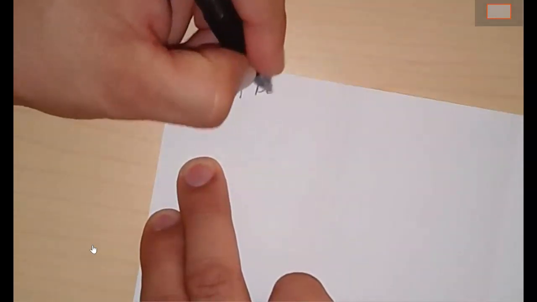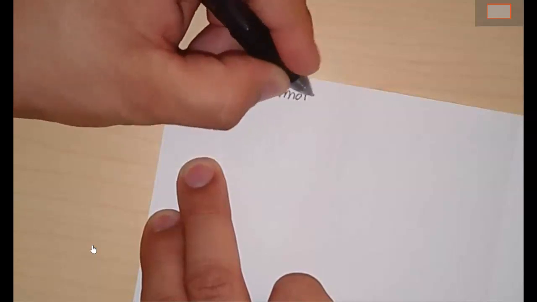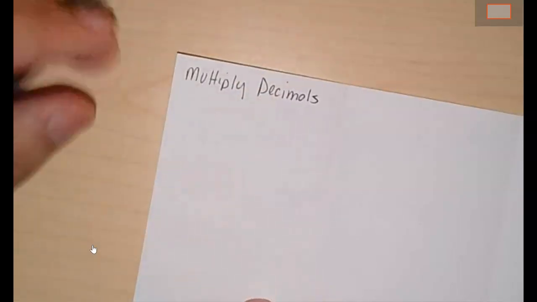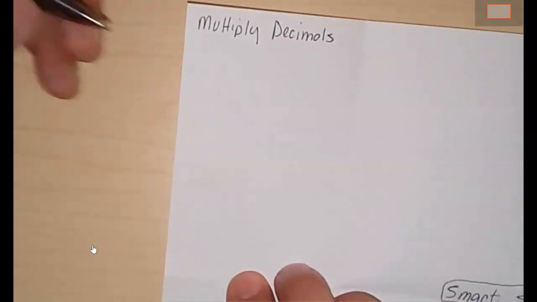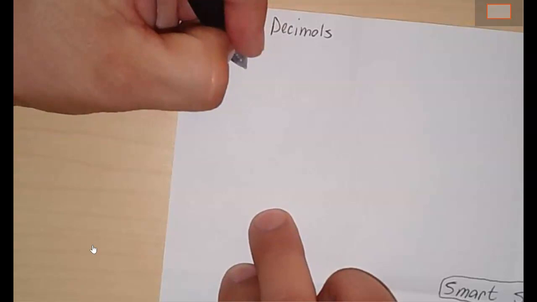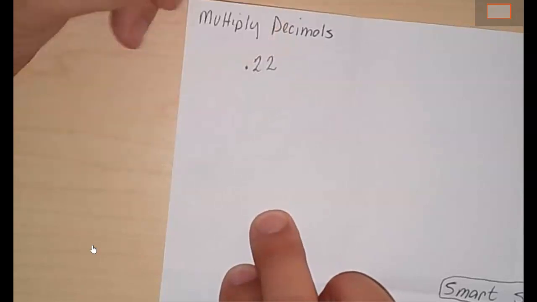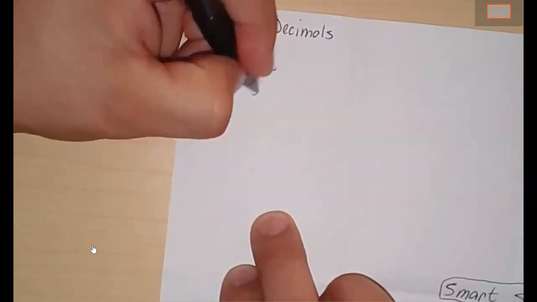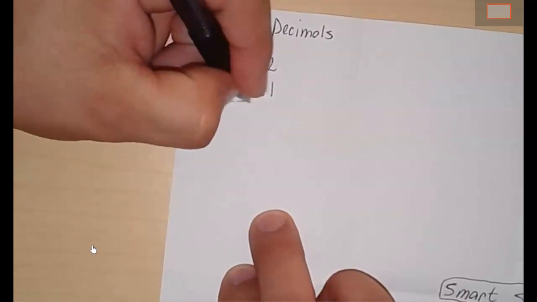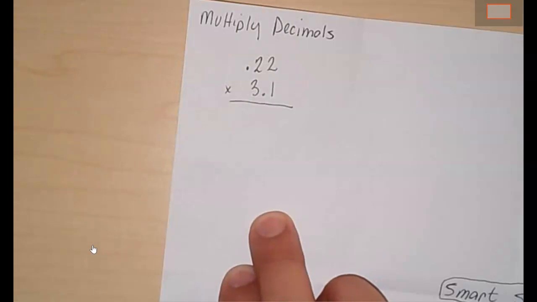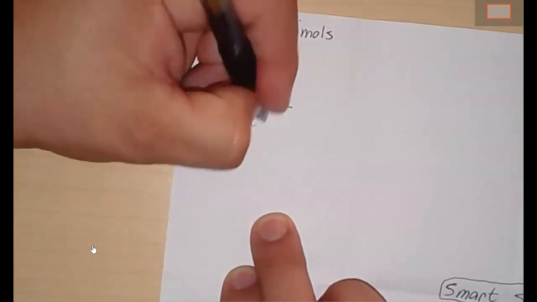Multiply decimals. Okay, the first four we already know backwards and forward, so we're good there. Let's just do a quick setup. Okay, so multiplying decimals. You guys are just going to ignore the decimal.